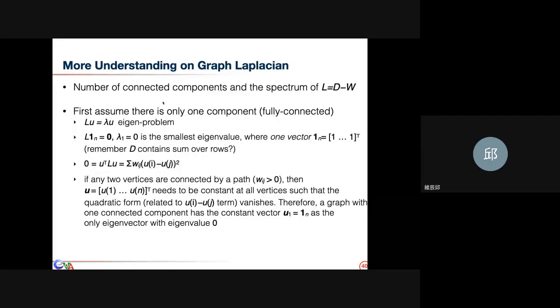And now we would like to have more understanding about the graph Laplacian matrix. The first thing is that we are able to tell, from the graph Laplacian matrix, the number of connected components. So what is a connected component?